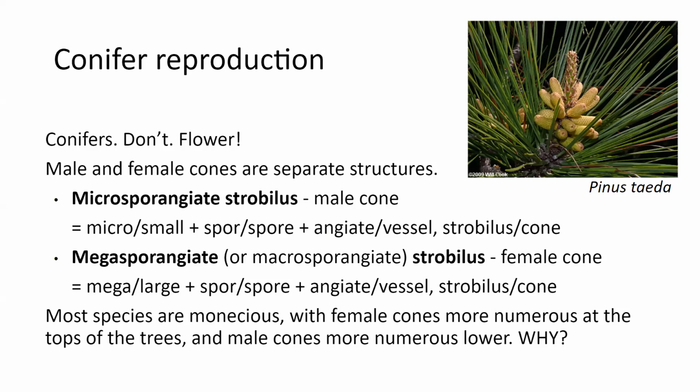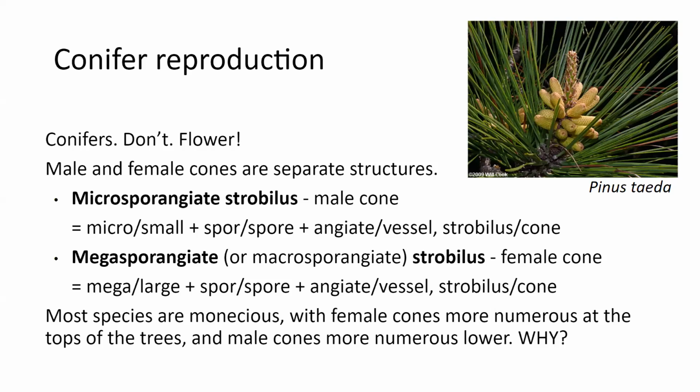The male cones have the name microsporangiate strobilus, or strobili, which is the plural. Micro meaning small, spore meaning spore, angiate meaning vessel, and strobilus meaning cone. The female cones are megasporangiate strobilus: mega meaning large, spore meaning spore, angiate meaning vessel, strobilus meaning cone.